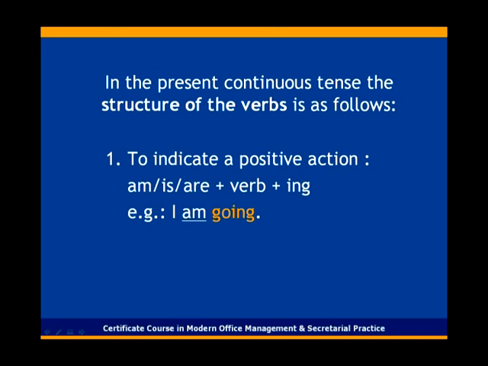You may have realized that in the present continuous tense, the structure of the verbs is as follows. To indicate a positive action, we use am or is or are plus the verb plus ing. For example, I am going.